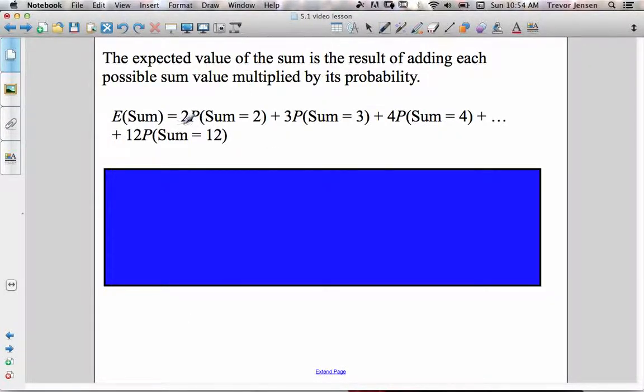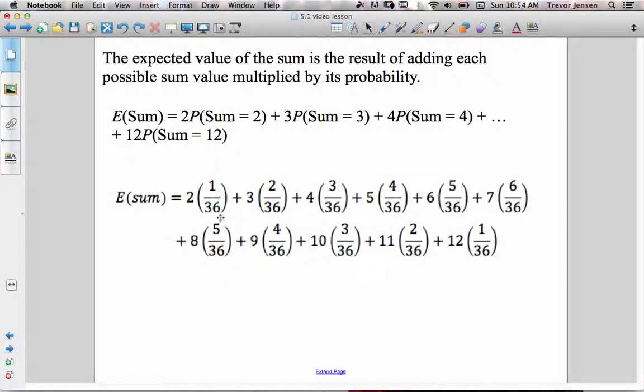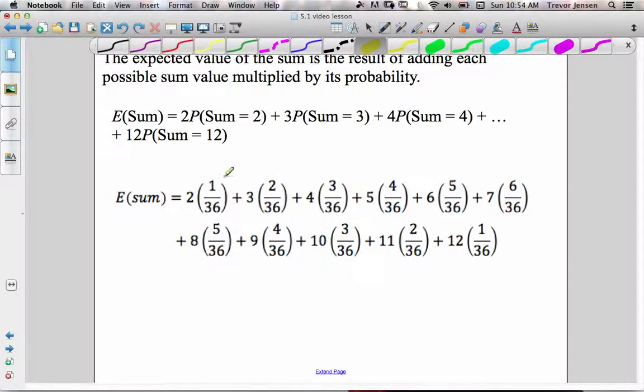So this is what it would look like. Expected sum: I could get a sum of 2, multiply that by its probability, plus 3 times the probability of 3, plus 4 times the probability of 4, all the way up to plus 12 times the probability of 12. So if I plug in all of my probabilities, this is what I would get. 2 times 1 over 36, plus 3 times 2 over 36, plus 4 times 3 over 36.